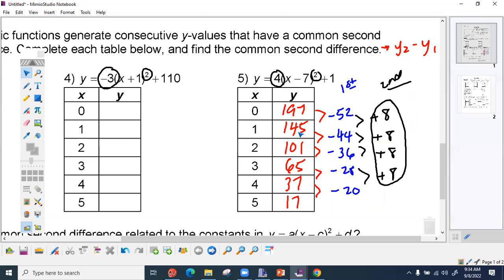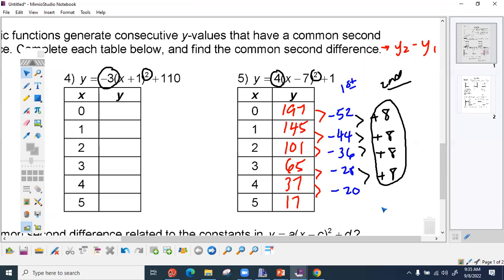Yes. So it would be 145 minus 197, 101 minus 145, 65 minus 101, 37 minus 65, 17 minus 37. And then you do the same thing for the other side. Exactly. So your 8 is your common difference.